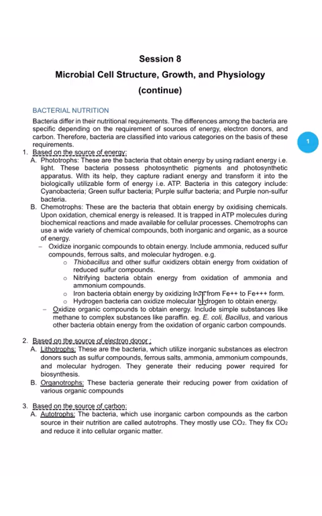That means it is producing energy out of this reaction to be stored for the cell for any nutritional requirements. Another type of bacteria uses molecular hydrogen; it oxidizes molecular hydrogen to obtain energy. So all these types of bacteria use inorganic compounds.